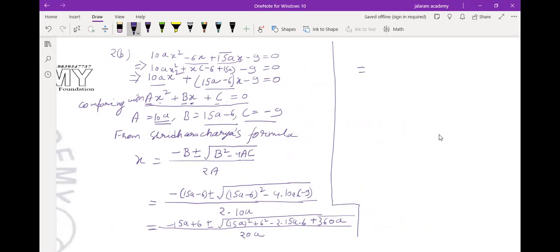Equals to, again, after applying equals to sign, first we draw this division line in the fraction. Is that clear to you?